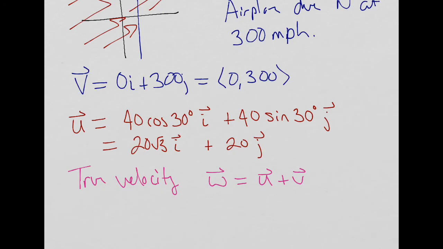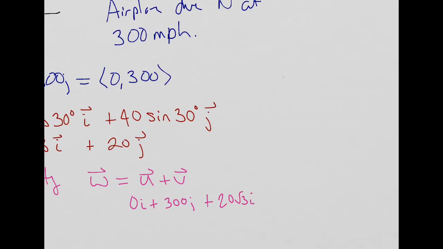So 0i plus 300j plus 20 root 3 i plus 20j. I'm left with 20 root 3 i plus 320j.